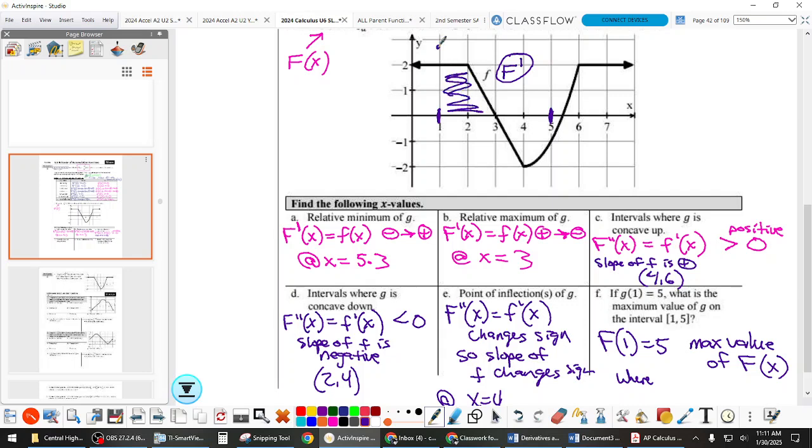Let me draw this in. And then here it's negative. So if we're accumulating left to right, where does it get the biggest it will get before it starts going less? At 3, right? So we just need to figure out our area up to 3.